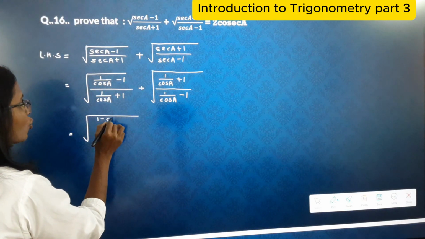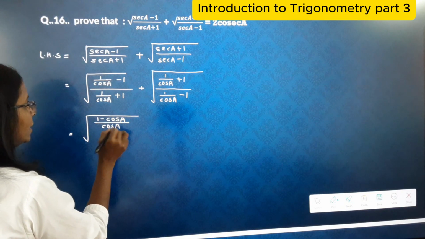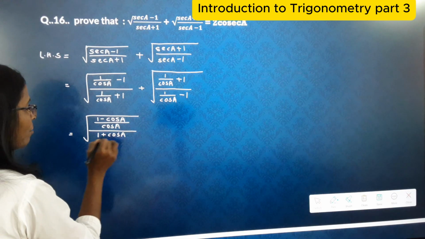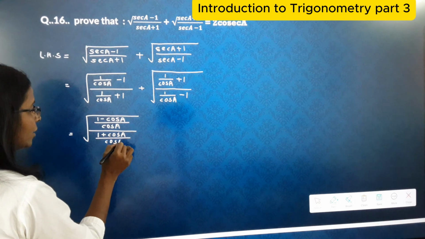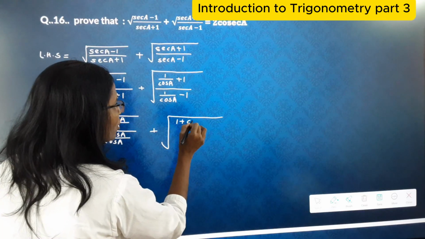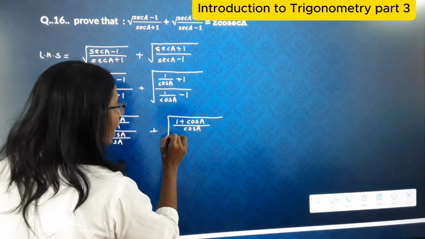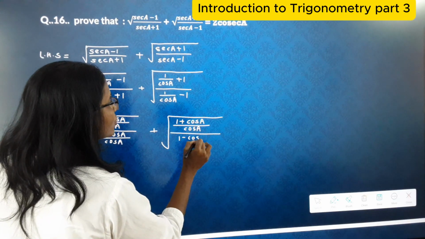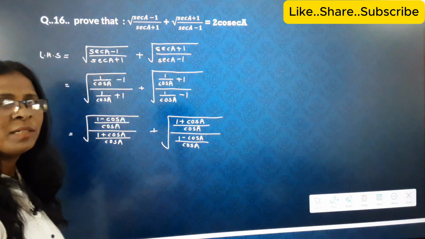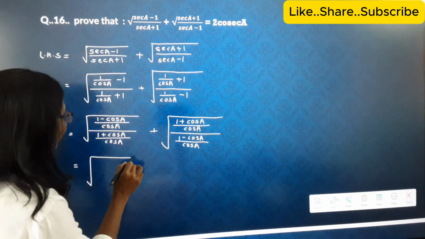Then here 1 minus cos A upon cos A divided by 1 plus cos A upon cos A, plus here 1 plus cos A upon cos A upon 1 minus cos A upon cos A. Okay, I simplify it by cross multiplication students.